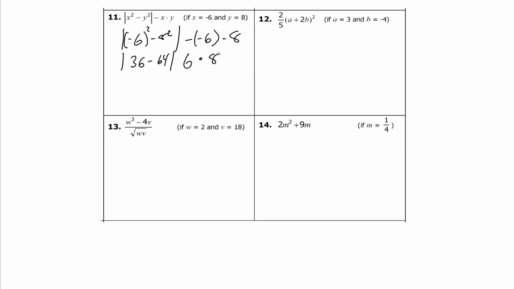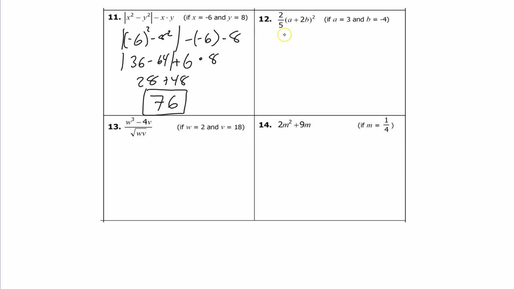Well, so 36 minus 64, what is that? 28. So it would be negative 28, and the absolute value of negative 28 is just 28, and 6 times 8 is 48. And when we take 28 plus 48, we get 76.